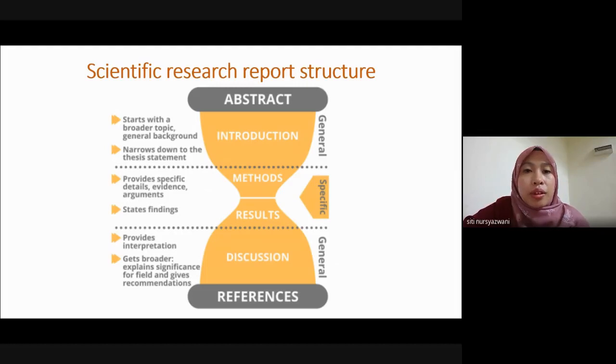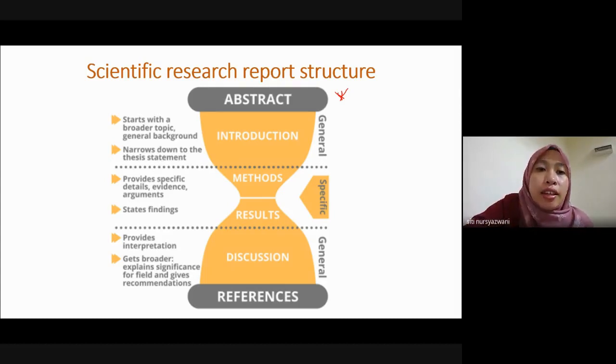Okay, so basically apa yang awak buat adalah abstract, introduction, method, result, discussion, and also references. So kalau awak tengok kat sini dia macam bentuk jam pasir tu kan. So daripada sini perlulah broad. Maksudnya broad tu general. So kita become specific. And then bila kita come into discussion, so kita broad balik.